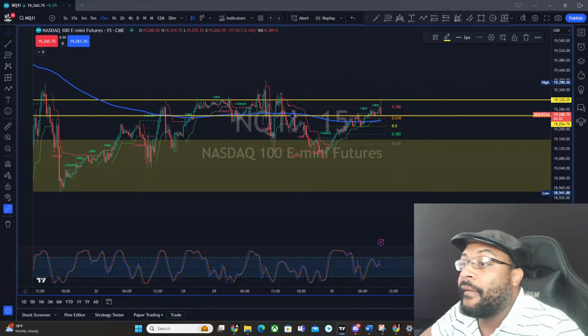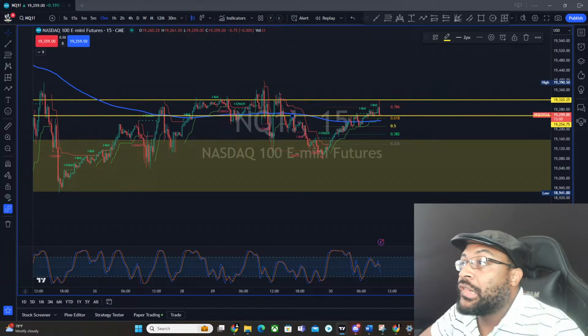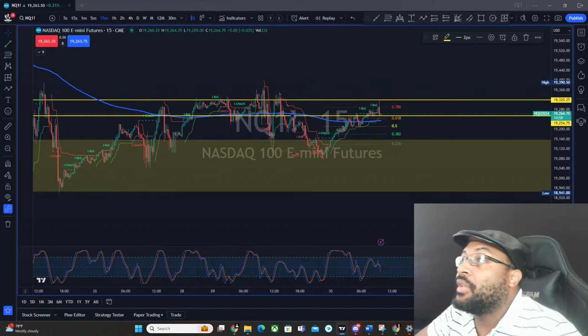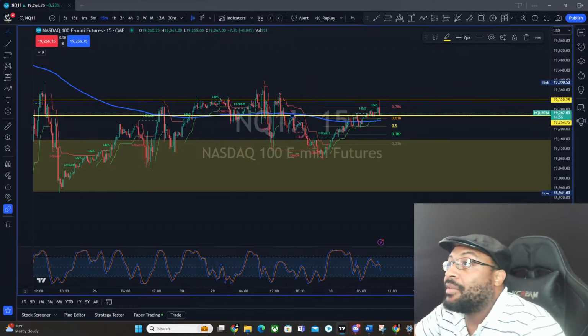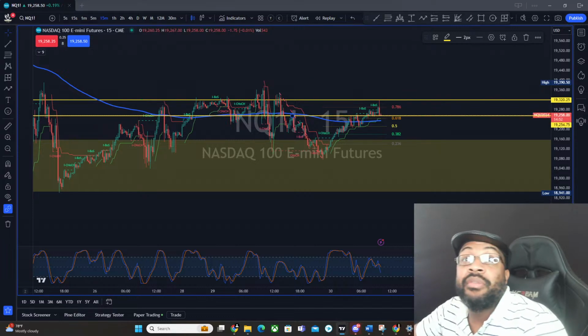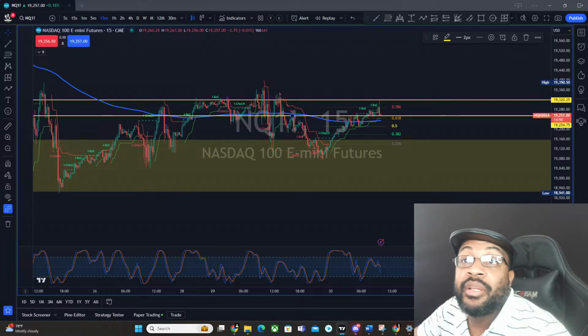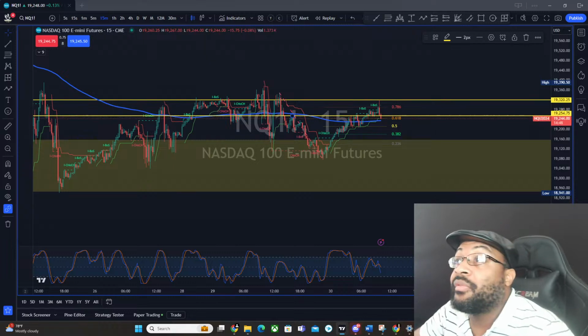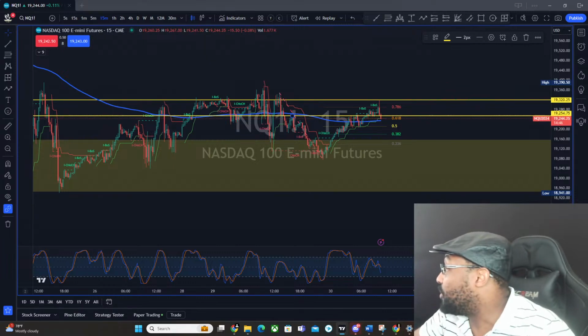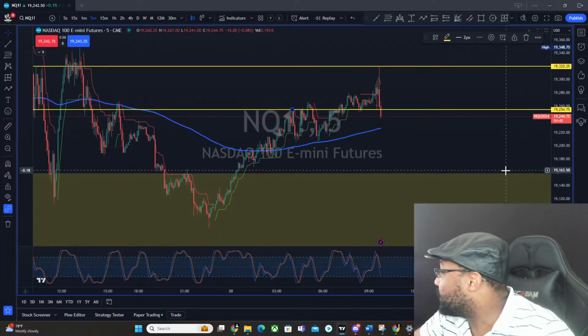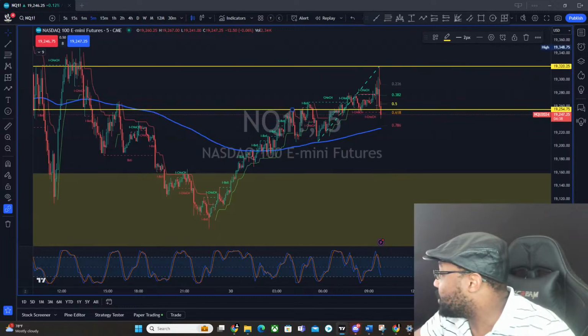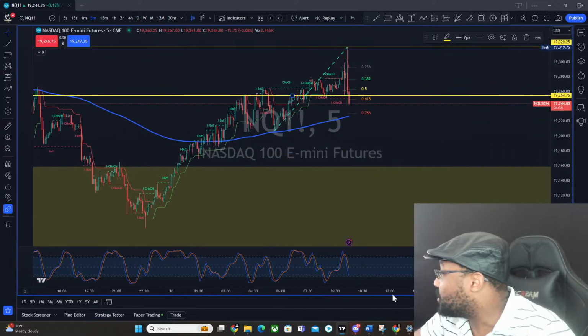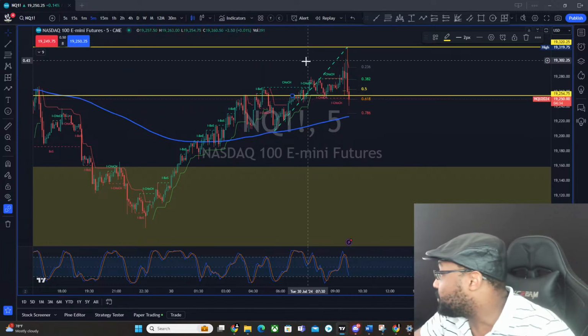I have 19,147, getting back down to there again. We could consolidate. This could be really, really messy. When's the news? I might have to wait for the news and not just take the first 15 minutes. Ew. Or not. All right, let's see. I want to see a 5 minute close below. I don't want to just jump to conclusions, but it's very tempting at this point.